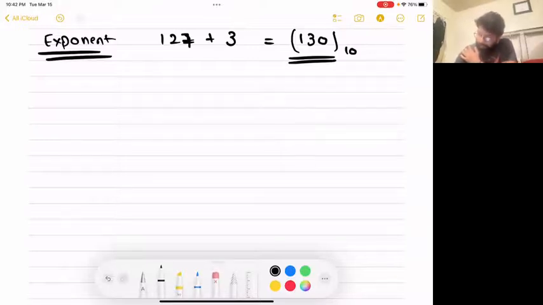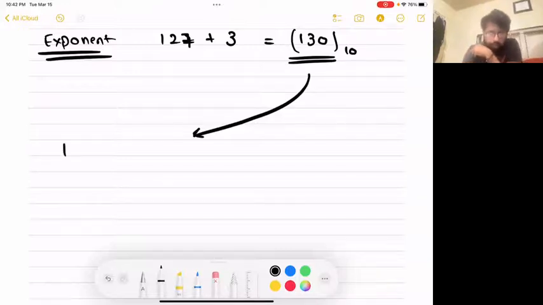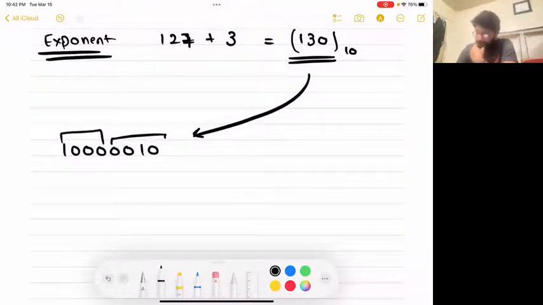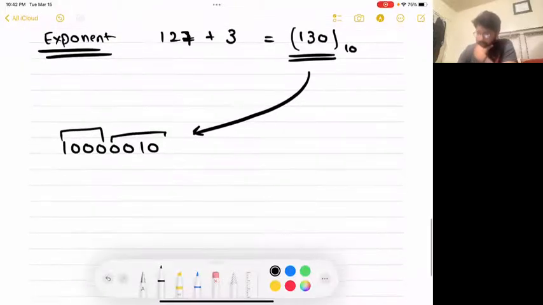So 130 in binary is 10000010. That's our number. So that's 130 in binary.